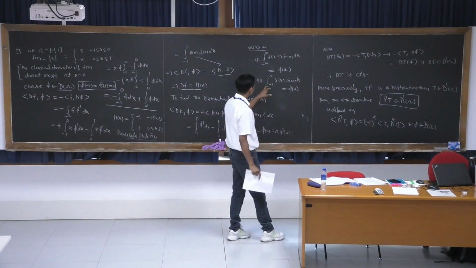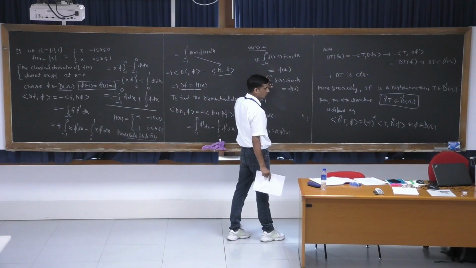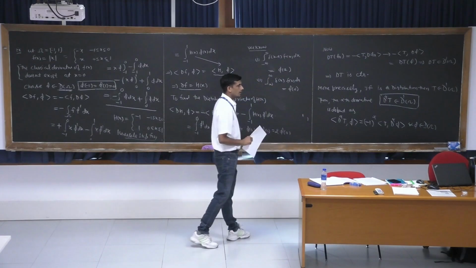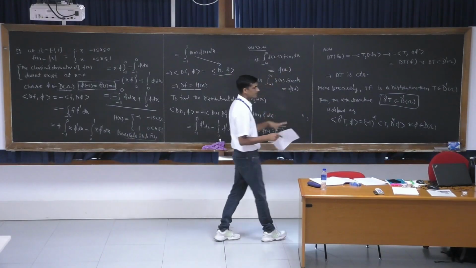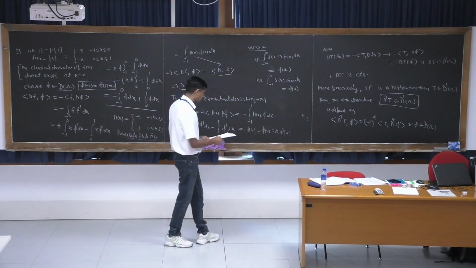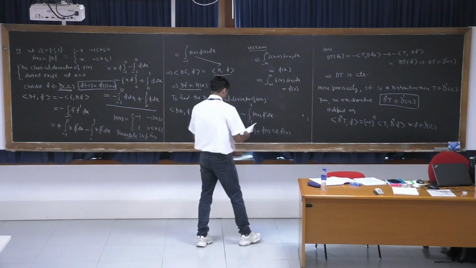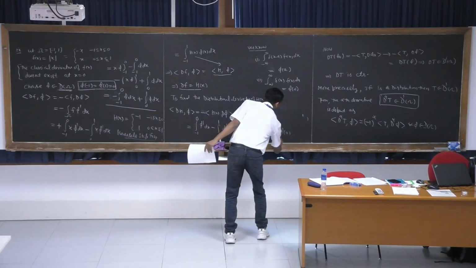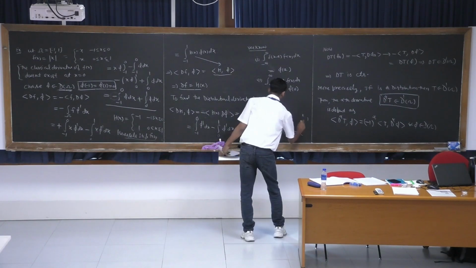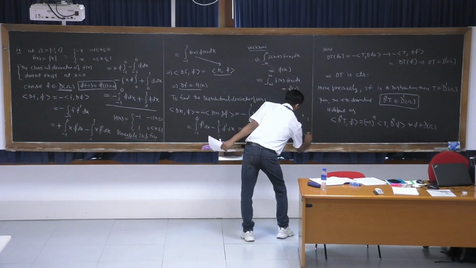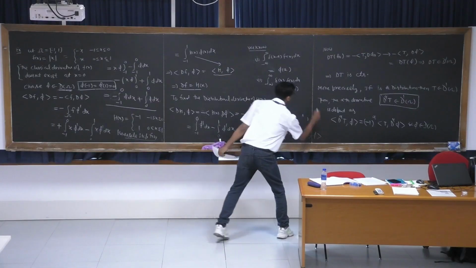I can say this is minus 1 to 1, because due to phi, this becomes a C infinity function, and that is equal to 0 over here. So this term can be written as twice the Dirac delta function here and phi here.